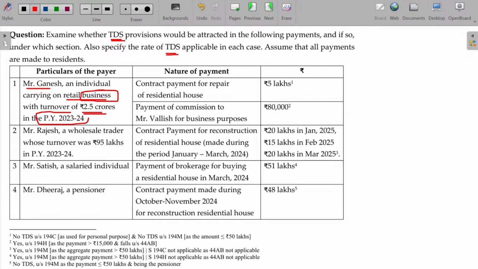In the previous year, his turnover is 2.5 crore, which means 44AB is applicable. If 44AB is applicable for business purpose, then 194M will not be applicable. Naturally, 194C, J, or H will be applicable. Now, if the payment is for contract, then automatically it falls under 194C. Here, payment of brokerage and commission will fall under 194H.